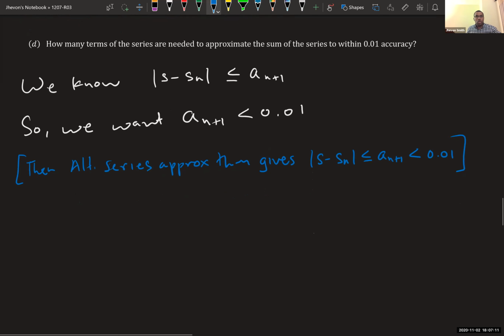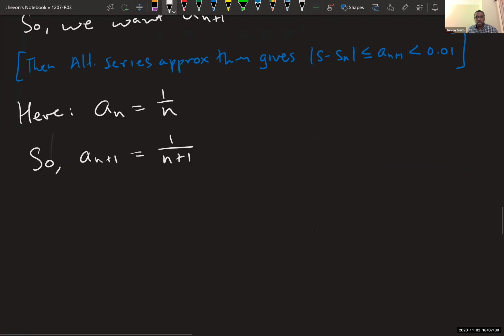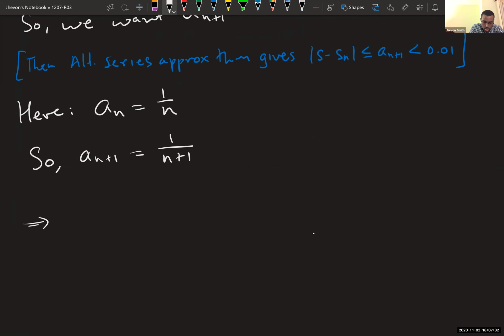Now, in our example, we're using the alternating harmonic series here. Our a_n is just 1 over n. So a_{n+1} is 1 over n plus 1. Just replace all n's with n plus 1s in the given formula. So here we want 1 over n plus 1 to be less than 0.01. And now I just have to solve this inequality for n. Can flip both sides.